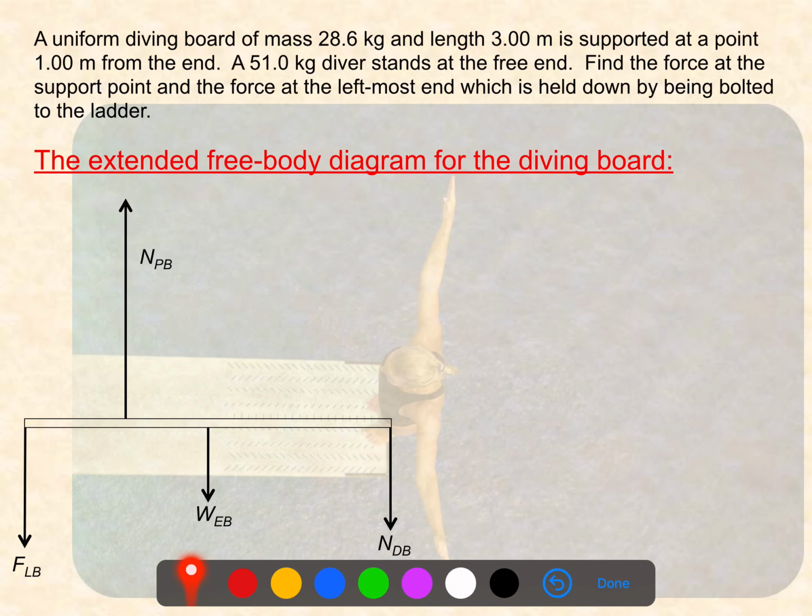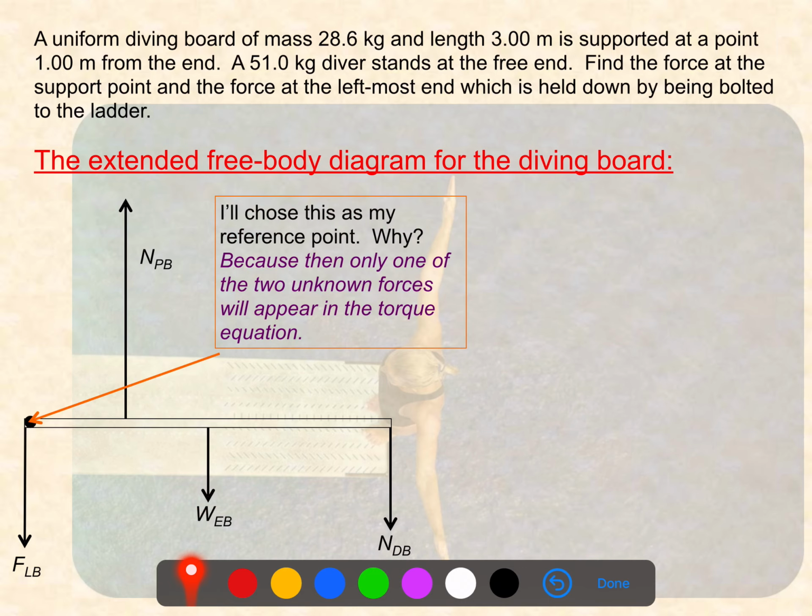We've got the normal force of the person who is standing and pressing down on the diving board. And then finally, we've got the weight force of the object. And since it is acting at the center of mass, and we can consider this to be a regularly shaped object, that weight force will be halfway down.